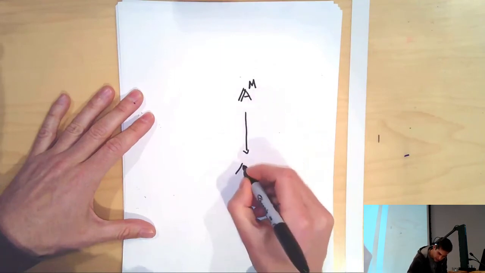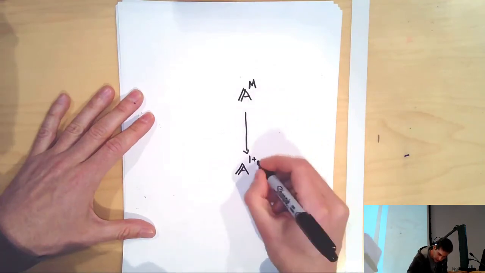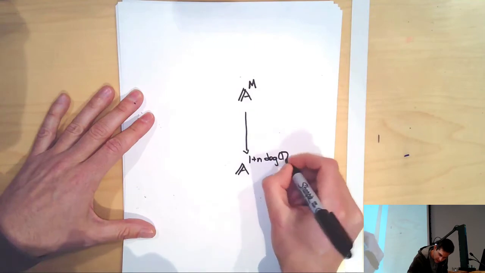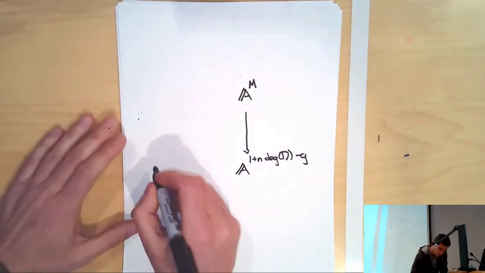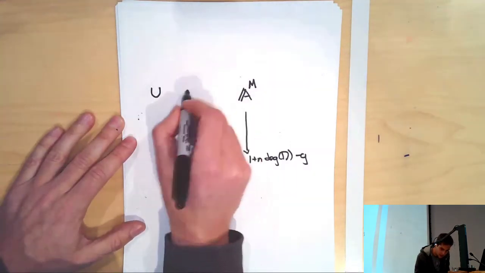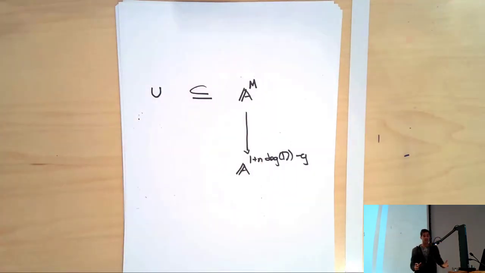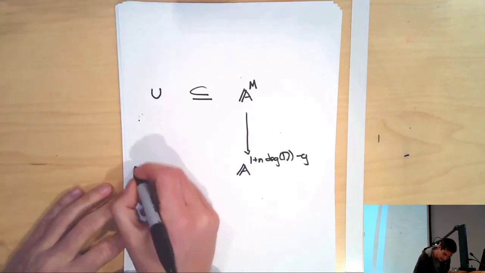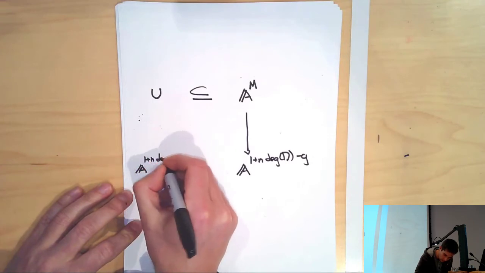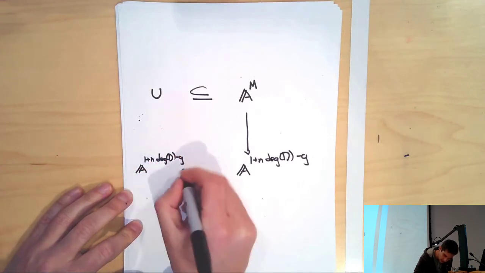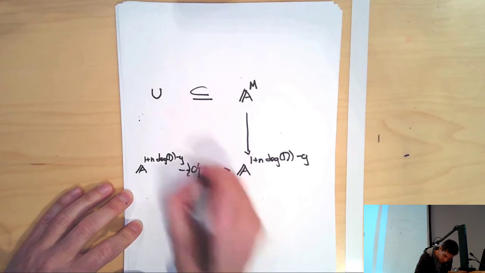It maps to this affine space of dimension 1 plus n times the degree of D minus the genus of my curve. And then there's some open subset of A of m consisting of n by n matrices whose determinant is not identically zero.